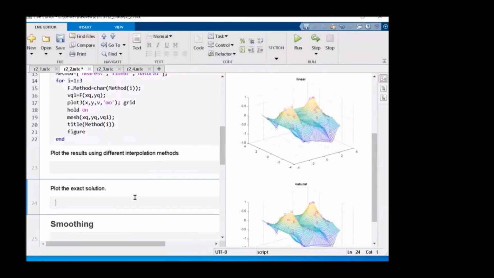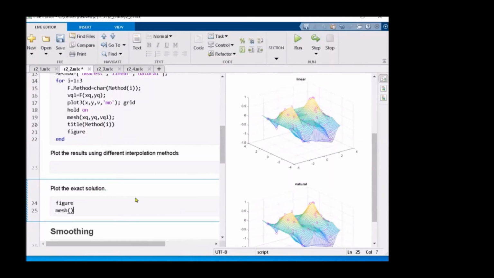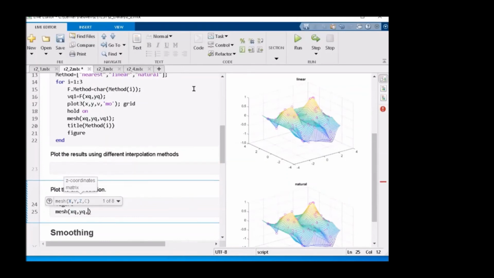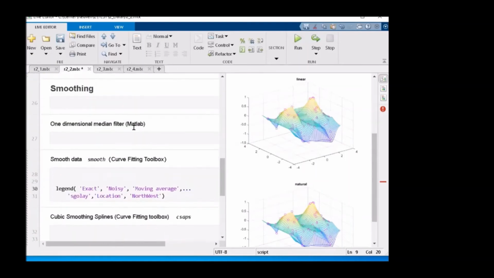I also can plot here the exact solution if we would like to have it. Let's do it, for example, in the next figure. The exact was our function. We can just estimate mesh as xq, yq. And our sin, do you remember, here it is, our function that we started with.